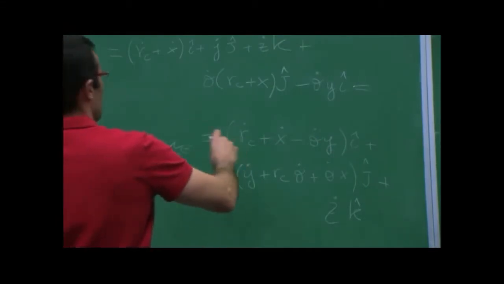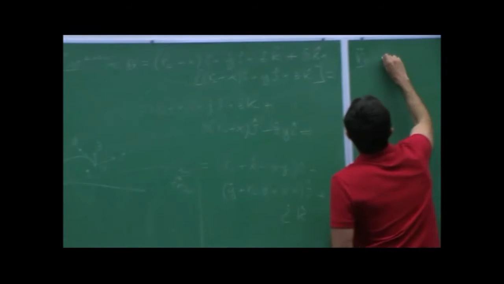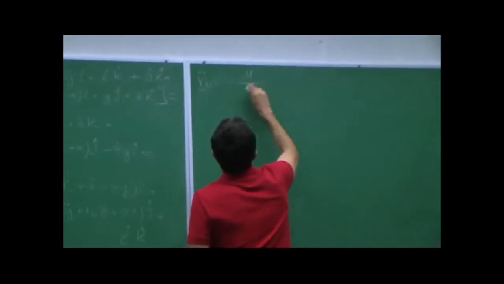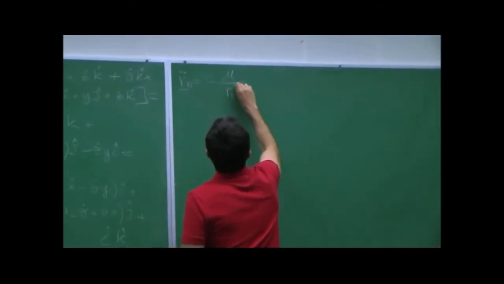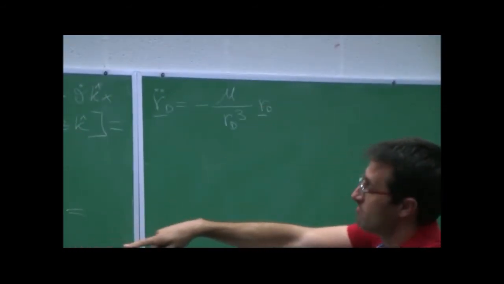So remember, all this is doing is the first time derivative of the position vector of the deputy with respect to ECI. I have to do the second one. So RD double dot, which I know by assumption that I only have a Keplerian force, is this. I know this, I'm assuming this, right?